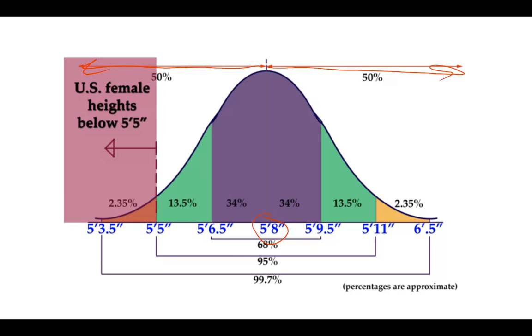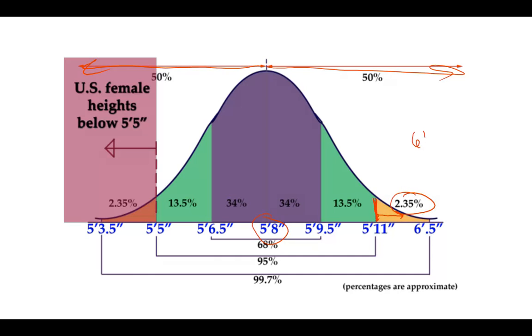And let's say you're really tall, right? Maybe you're 6 foot. And you want to know what percent of the population of U.S. females you are in. Are you in the top 5% or the top 10% or top 20%? Well, using this empirical rule, we can see everyone 5'11" and higher composes 2.35% of the population.